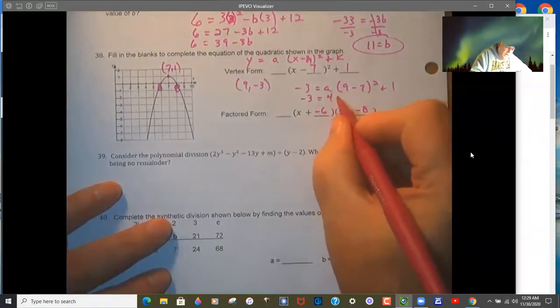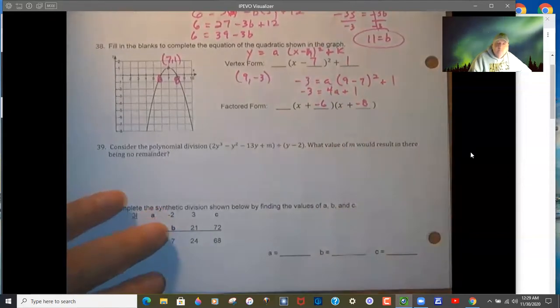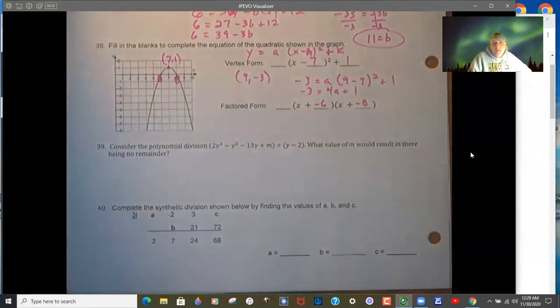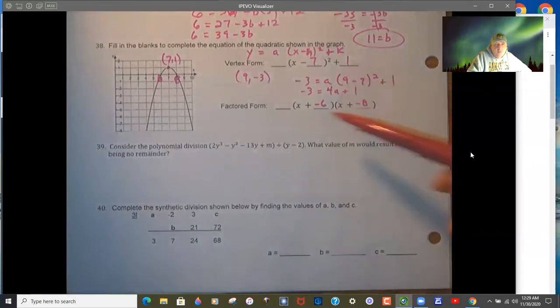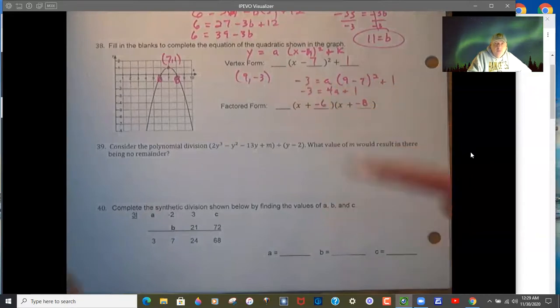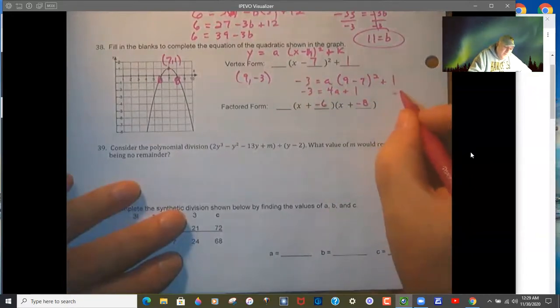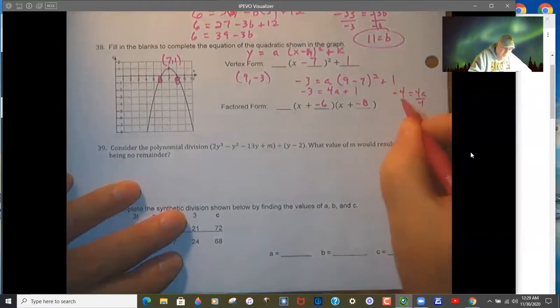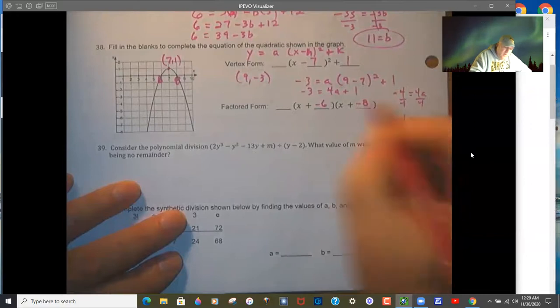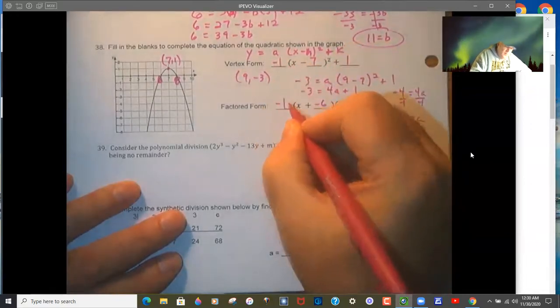That's 4a plus 1. So this again becomes like a linear equation. And these are both the same. So once you figure this out, you put the a in front of both. Subtract 1 over, well, that's -4. And then divide by 4. So -1 is a. So it's a -1 in front of both.